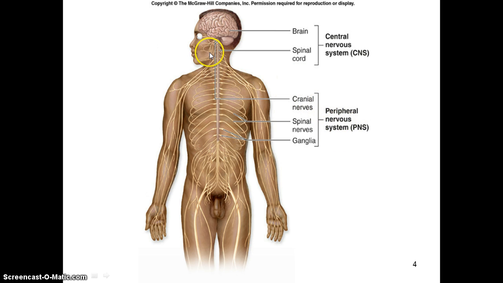So here we're looking at cranial nerves that come from the brain, spinal nerves that branch off of the spinal cord, and ganglia, which by now we know are structures that house cell bodies in the peripheral nervous system, outside of the central nervous system.